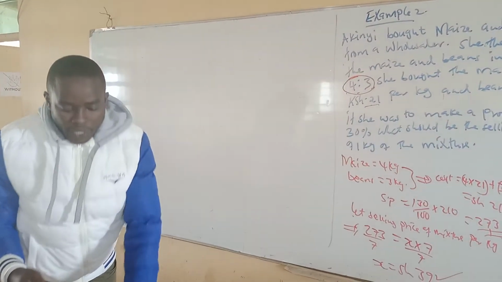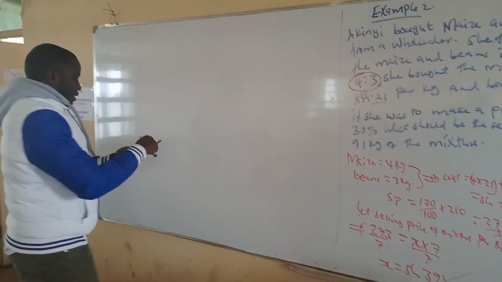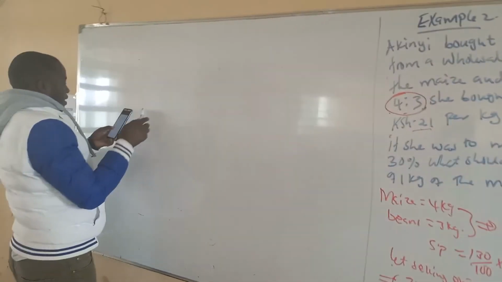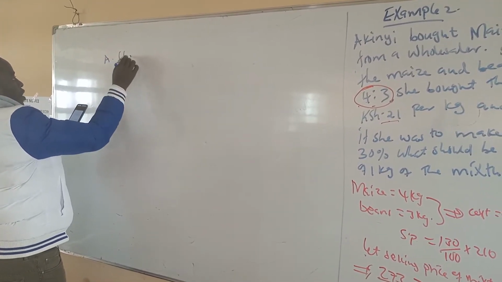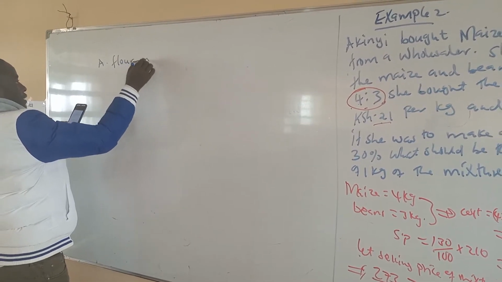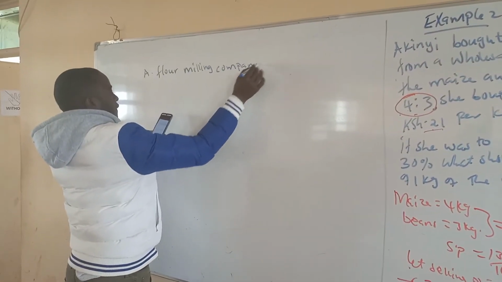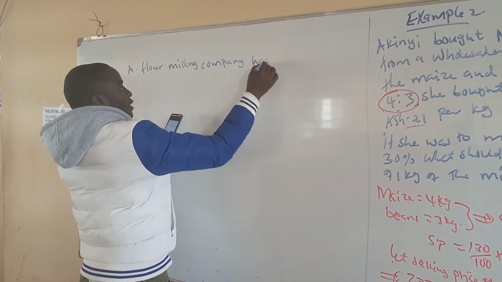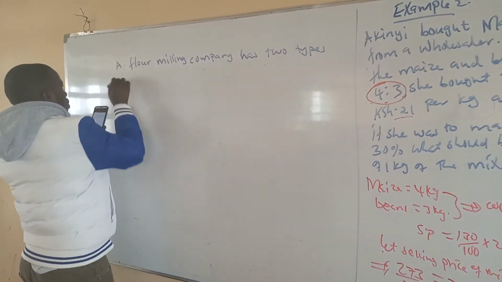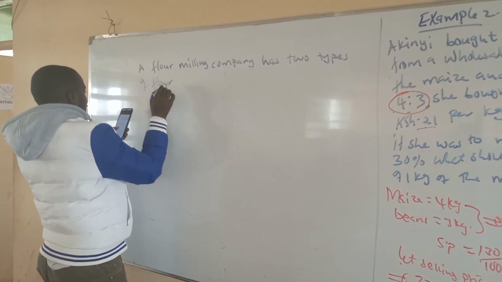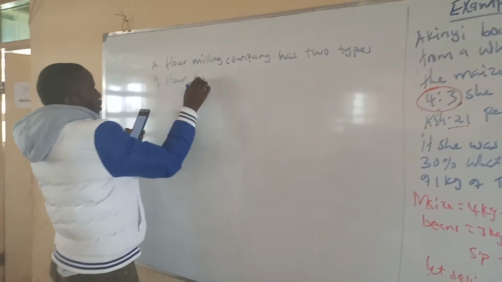Paper 2, question number 1, the question read that a flour milling company has two types of flour for making porridge.